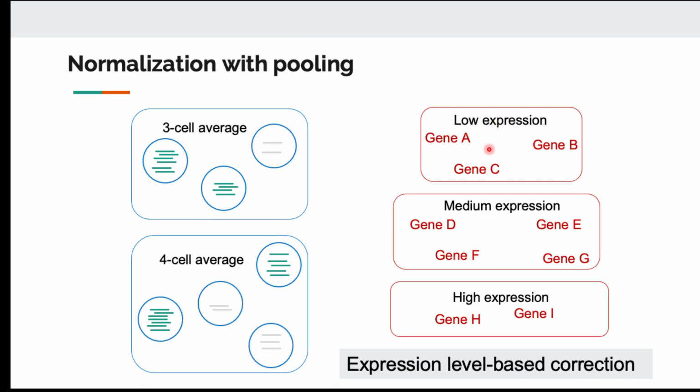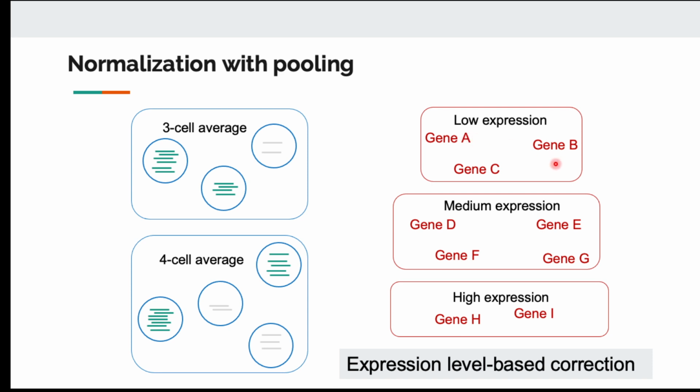Other people said, why don't we use the information that genes with similar expression levels have similar noise? We saw this before in the DESeq2 slides, where when the DESeq2 model wants to estimate the variance for each gene, it estimates the variance for genes with similar expression together, not individually.